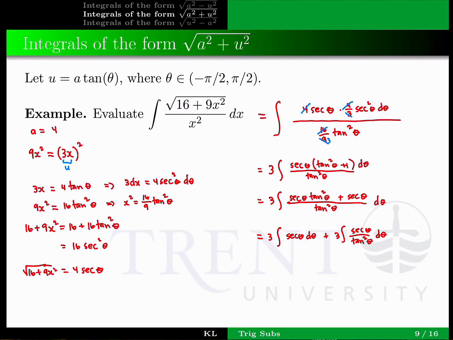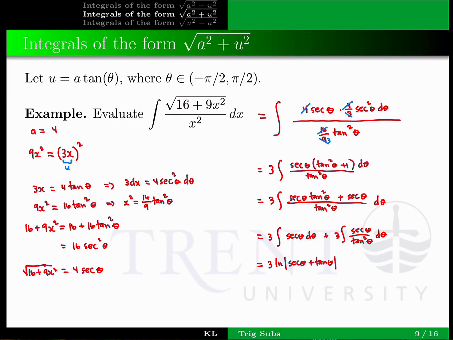And then this part here, this is the one that we will convert in terms of sine and cosine and simplify what we can simplify. So for the first part, we have 3 times the integral of secant theta. That's ln absolute value of secant theta plus tangent theta.